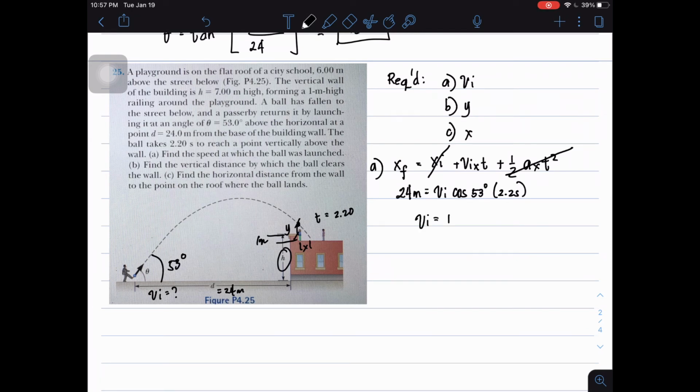And here we can solve the initial velocity as 18.1 meters per second.